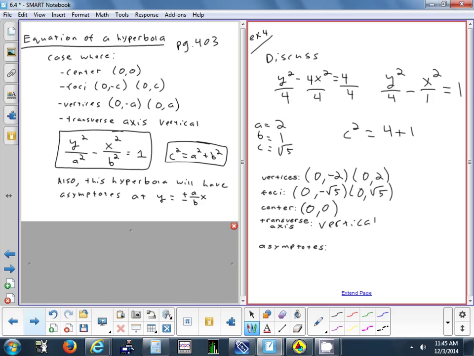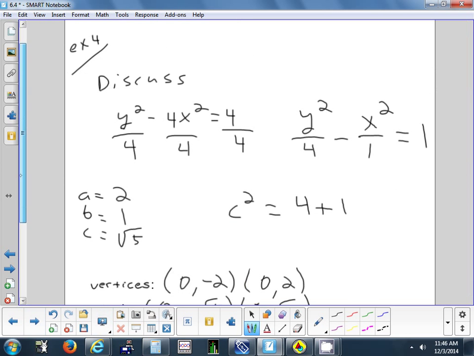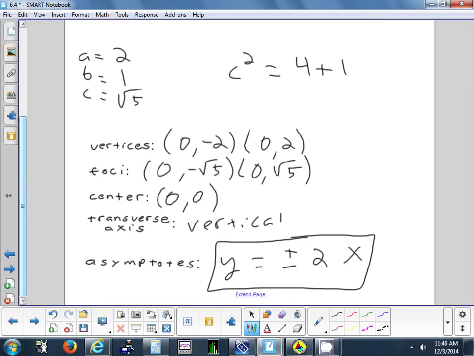Asymptotes. Positive and negative a over b. a is 2, b is 1. What's 2 divided by 1? It's 2. It's positive 2x and negative 2x. And that's it.